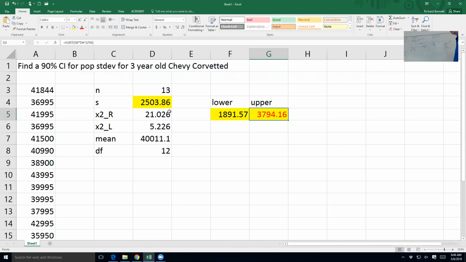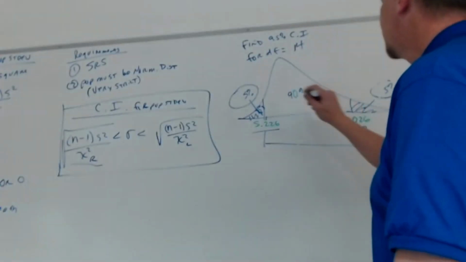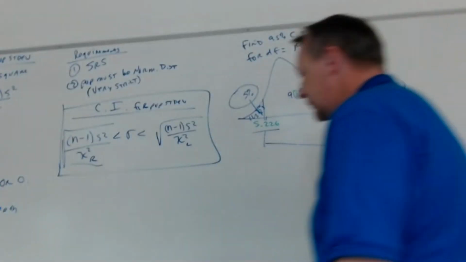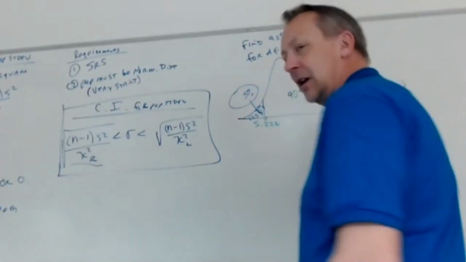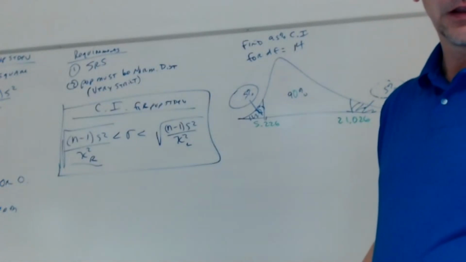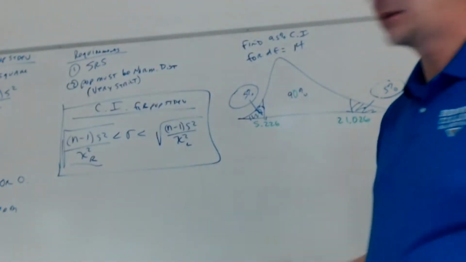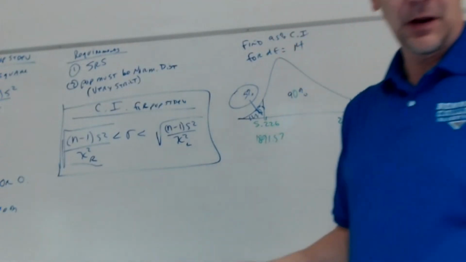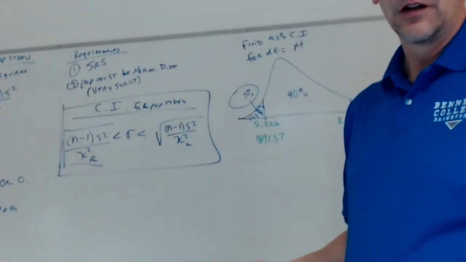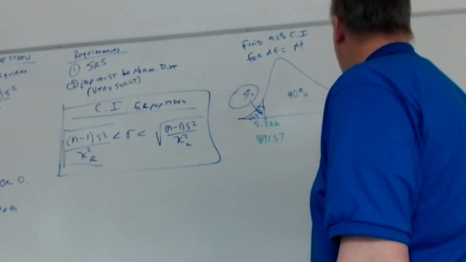So going back to my picture here, this is your standard chi-square distribution. If I'm doing a 90% confidence interval, my lower number was 1891.57, and my higher number is 3794.16.